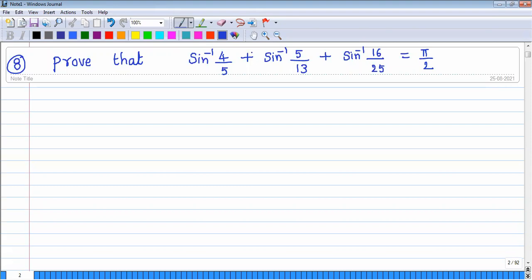I will do one thing. For example, if you are able to prove the sum of these two angles is equal to cos inverse 16 by 25, then adding sin inverse of 16 by 25 becomes pi by 2. Am I correct or not? In the previous problem we discussed sin inverse x plus cos inverse x is equal to pi by 2.